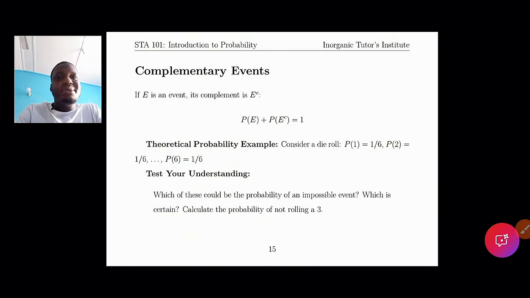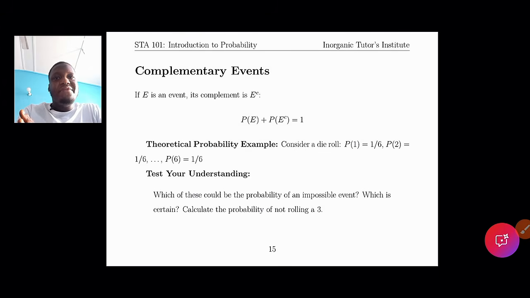So complement only comes in when there are two possible outcomes, a male or a female. So the probability of male will be the E, and its complement will be the probability of female.